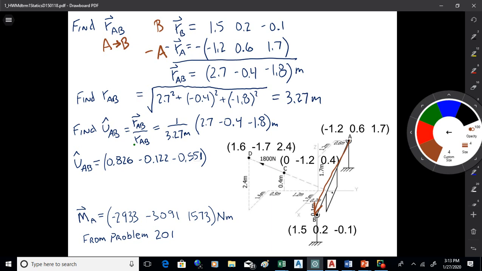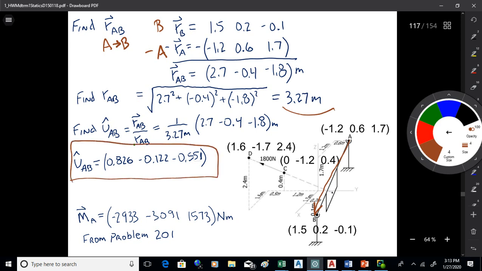But I want a unit vector, so I take the square root of the sum of the squares and get 3.27 meters, and divide through by that. That points in the direction from A to B and has a length of 1. So I find the vector from A to B, find its magnitude by taking the square root of the sum of the squares, and divide through by that to get the unit vector.